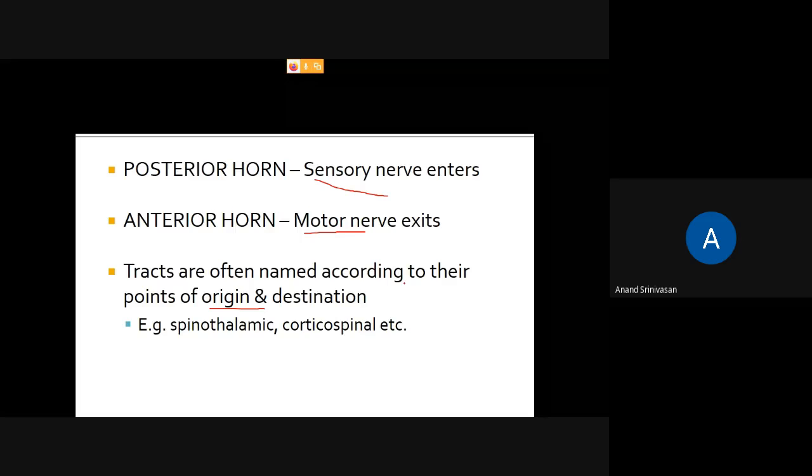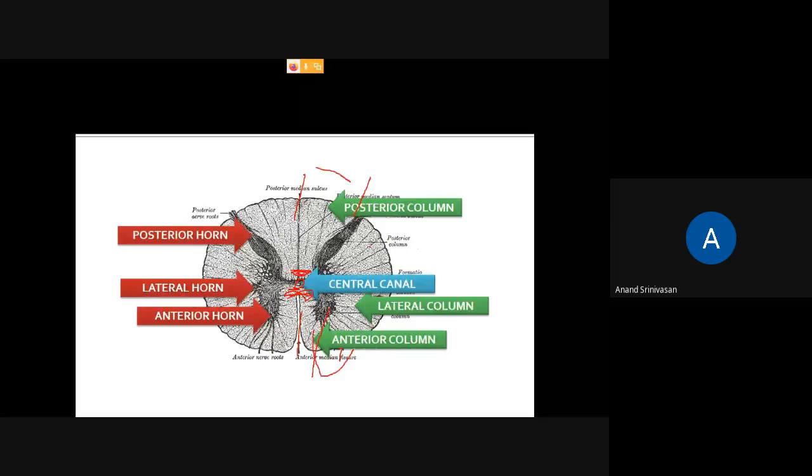What is corticospinal? The impulses pass from the brain to the spinal cord. In other words, it is a motor tract.